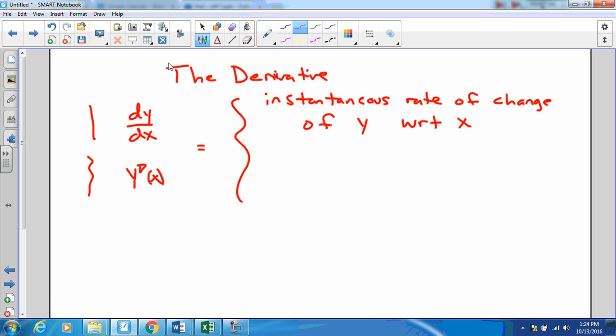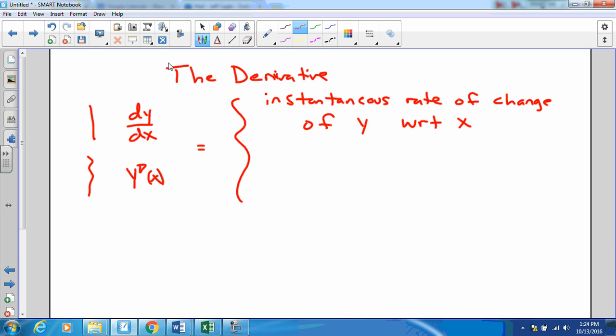You can think of this as the physics meaning of the derivative. If I have some variable y, it might be position, it might be velocity, it might be pressure, who knows what it is, and it's changing with respect to another variable such as time or height or whatever, then dy dx computes the instantaneous rate of change of the top variable with respect to the bottom variable.